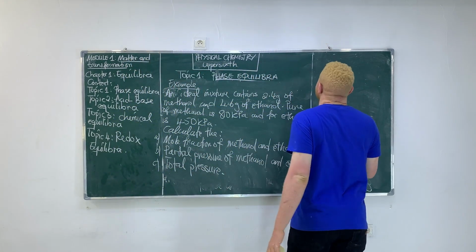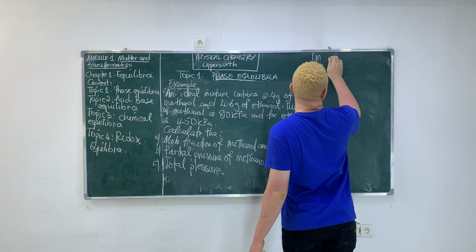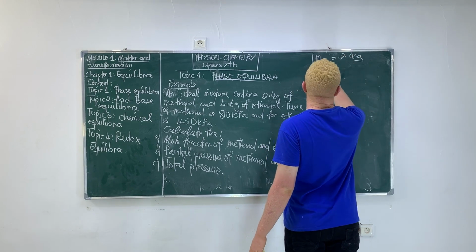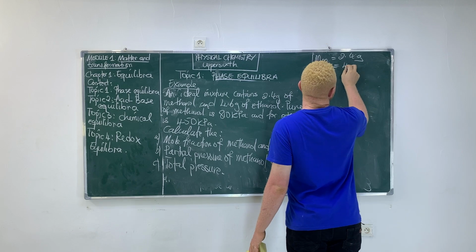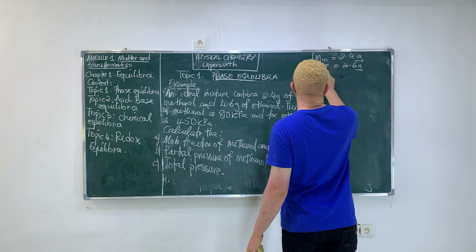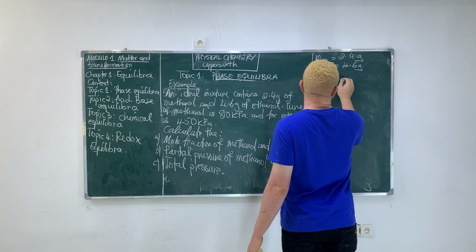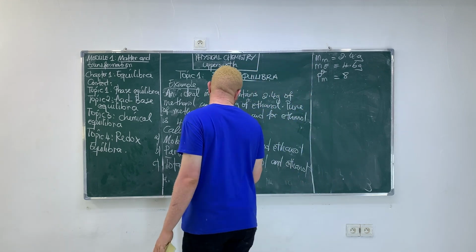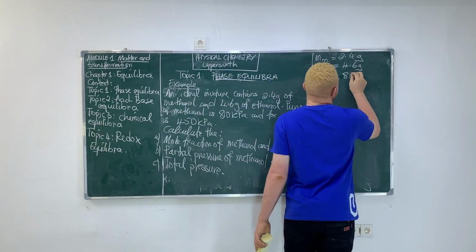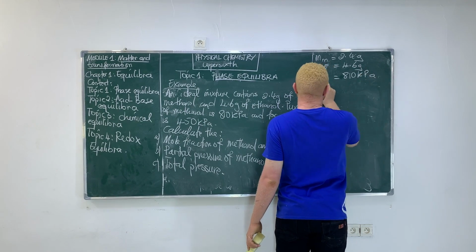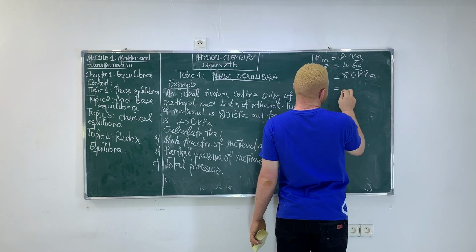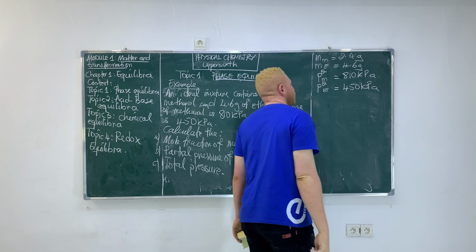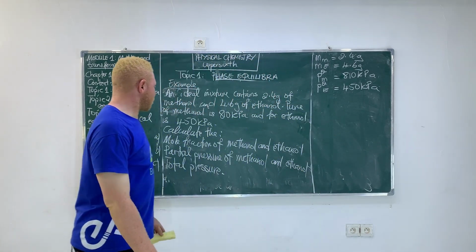We have the mass of methanol, 2.4 grams, and the mass of ethanol, 4.6 grams. The pure vapor pressure of methanol is 810 kilopascal, and for ethanol 450 kilopascal. So those are the data given to us in the question.